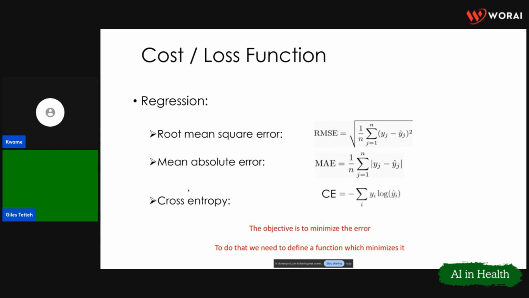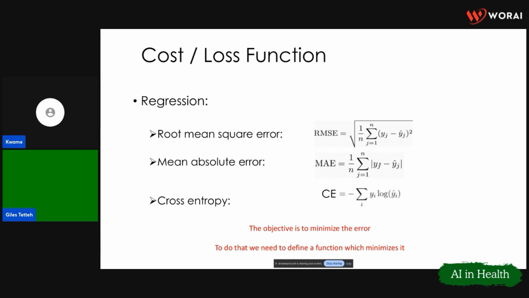Now, in regression tasks, we have a way of estimating the difference. We have what we call the root mean square error, which is this, or we can also use the mean absolute error. So it's basically the difference between our labels and our predictions, right?